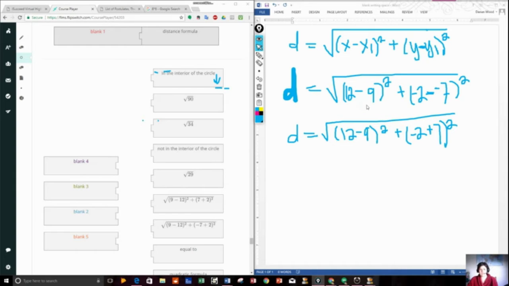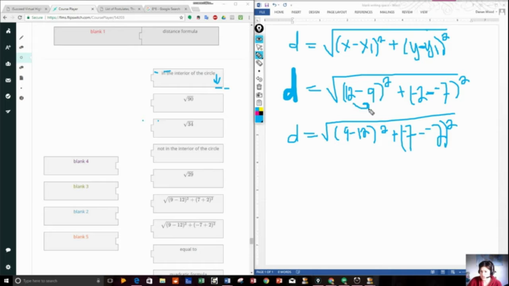Well, it seems like they used the x and y's differently. So if we went back and switched all of these that we wrote, we would have a 9 minus a 12, squared, plus -7 minus a -2.